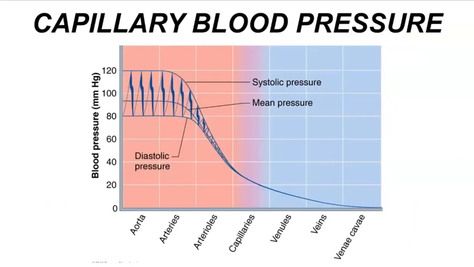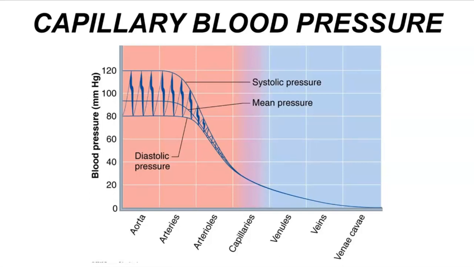So now that we have examined arterial blood pressure, we can take a look at capillary blood pressure. Capillary blood pressure, as we see in the middle of this chart here, is approximately 35 millimeters of mercury at the beginning of most capillary beds, and at the end of the capillary bed is about 18 millimeters of mercury.